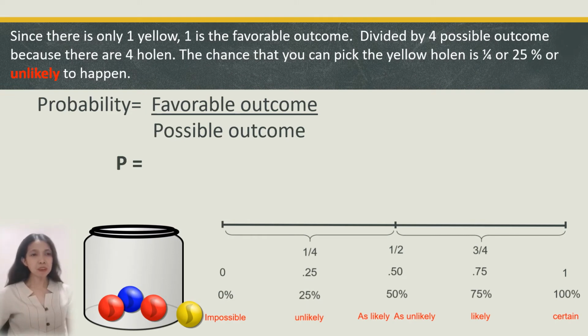Since there is only 1 yellow, 1 is the favorable outcome, divided by 4 possible outcomes because there are 4 marbles. The chance that you can pick the yellow marble is 1 over 4 or 25%, or unlikely to happen.